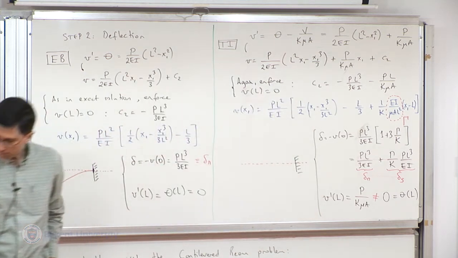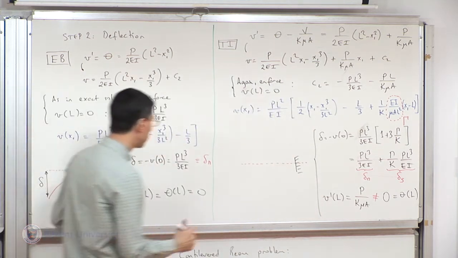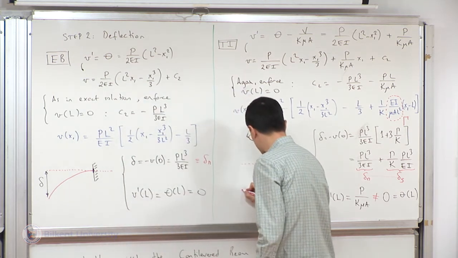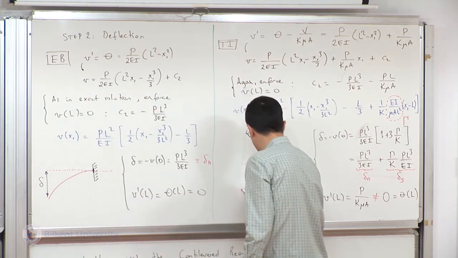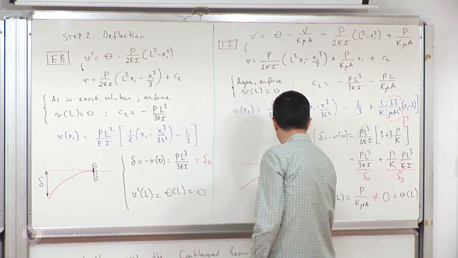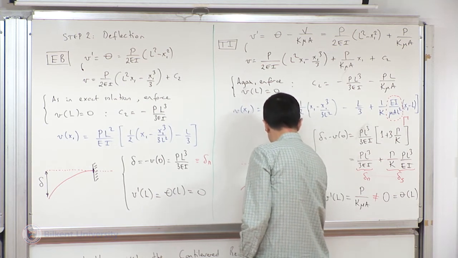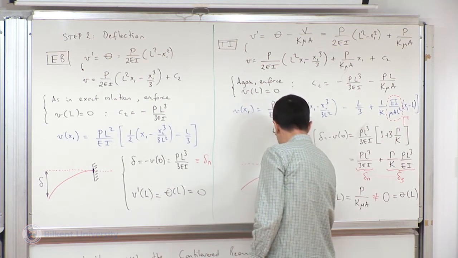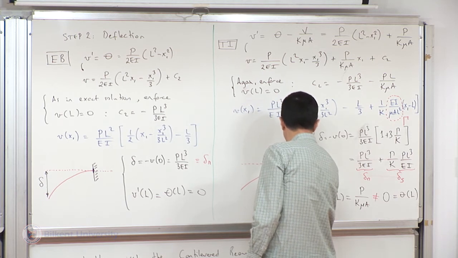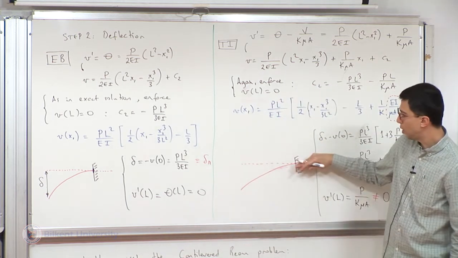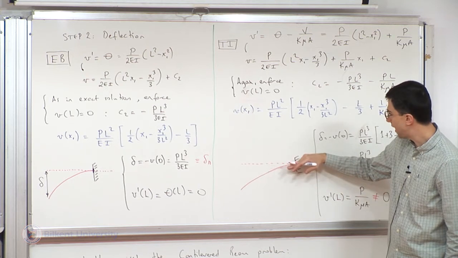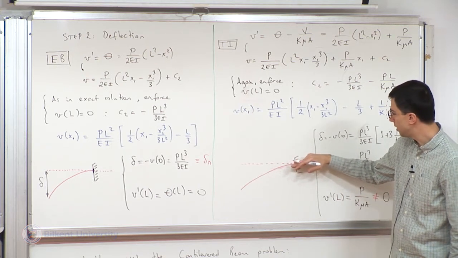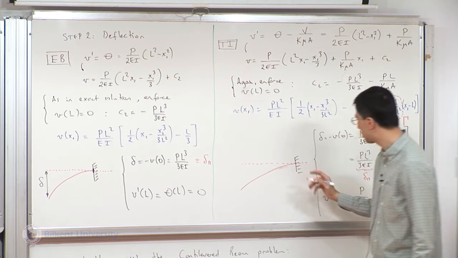And now, again, we have our tip deflection. And the difference is now the slope of the deflection curve at x1 equals L is not 0 anymore. It's at a certain angle.